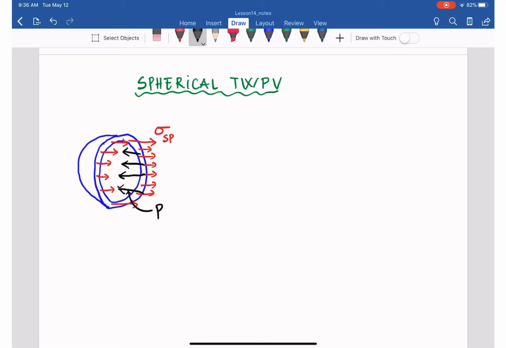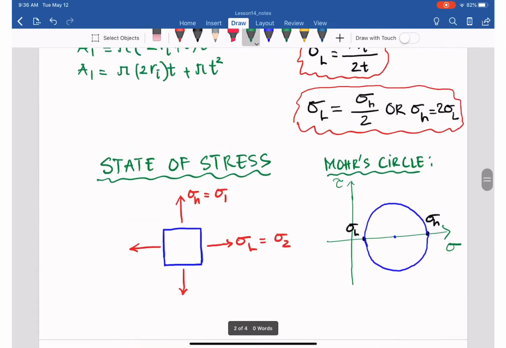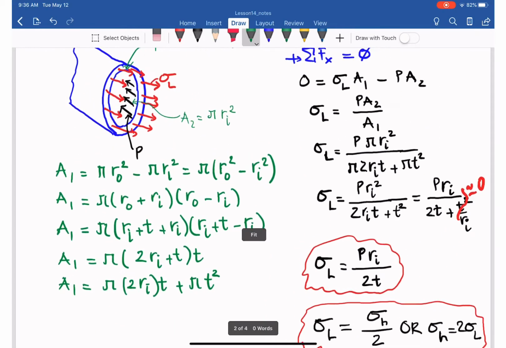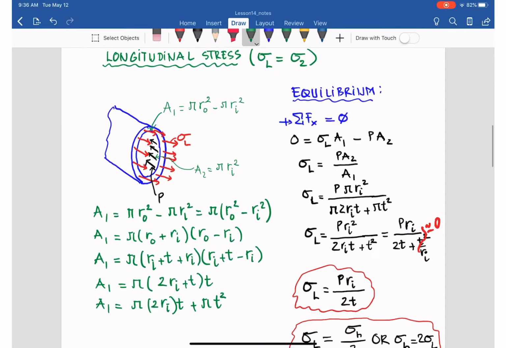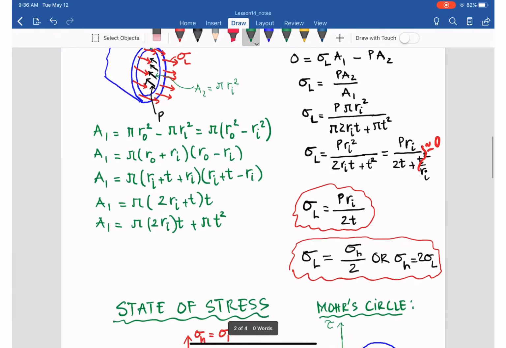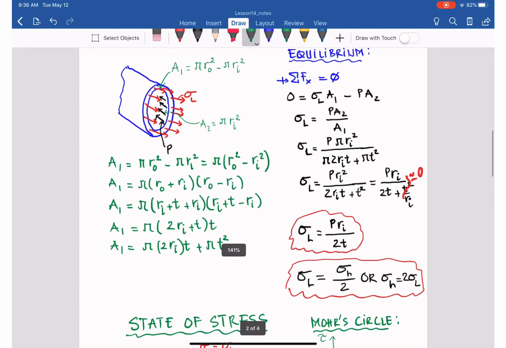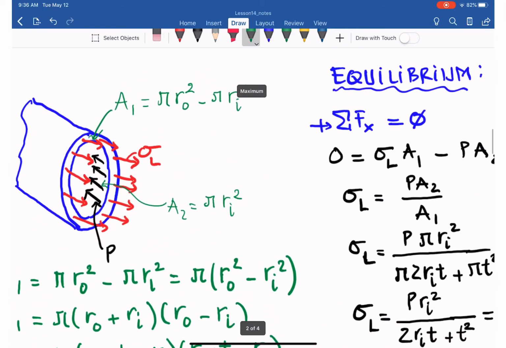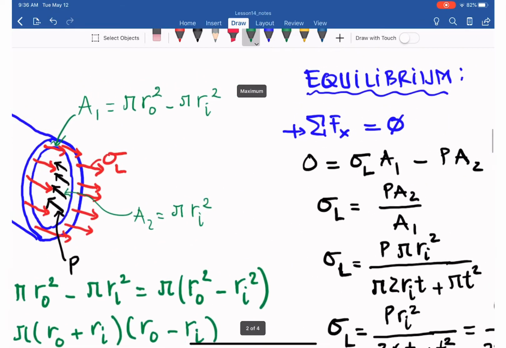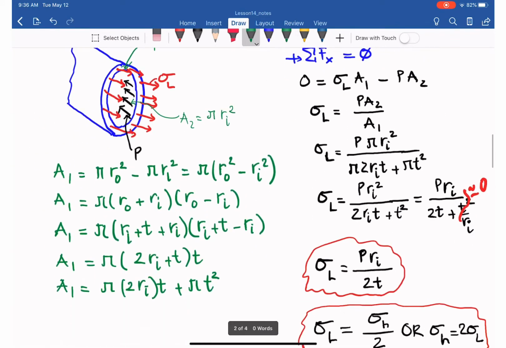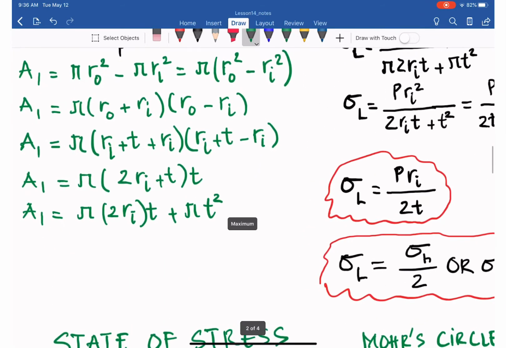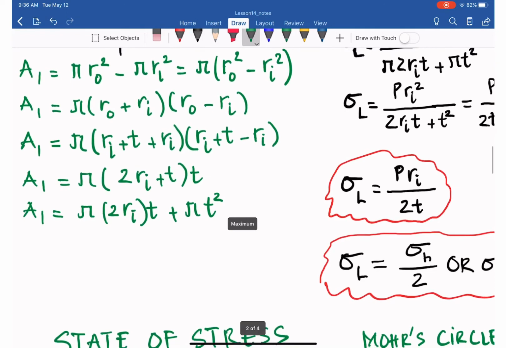So without any further clarification, we also know A1, the area for the thickness of the tank, is exactly the same as the one we had for longitudinal stress, which is A1, and A1 is equal to pi r outer squared minus pi r inner squared. After the transformation we did previously, it will be equal to pi(2 R_i t plus t squared).